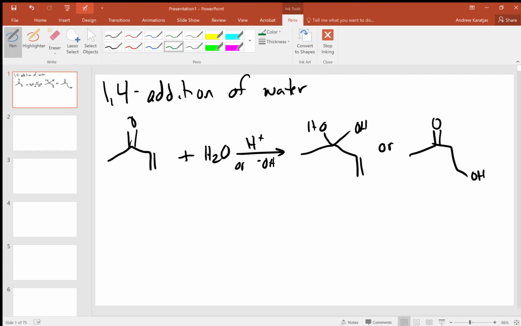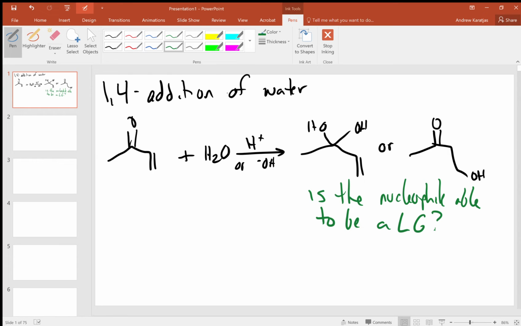And so we always have to ask the question, is the nucleophile able to be a leaving group? And if we can answer yes to that question, then 1,4 is going to be favored. And if the answer to that question is no, then in general, the answer will be we get 1,2 addition.